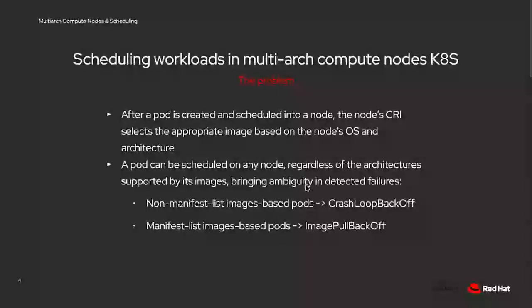The CRI tries to run it continuously based on the restart policy of the pod, and it is just unable to do it. If you have a manifest list instead, and the manifest list has no manifest for the architecture where the pod was scheduled, then you have a different error, image pull back-off. The CRI is trying to pull that image and never finds it.